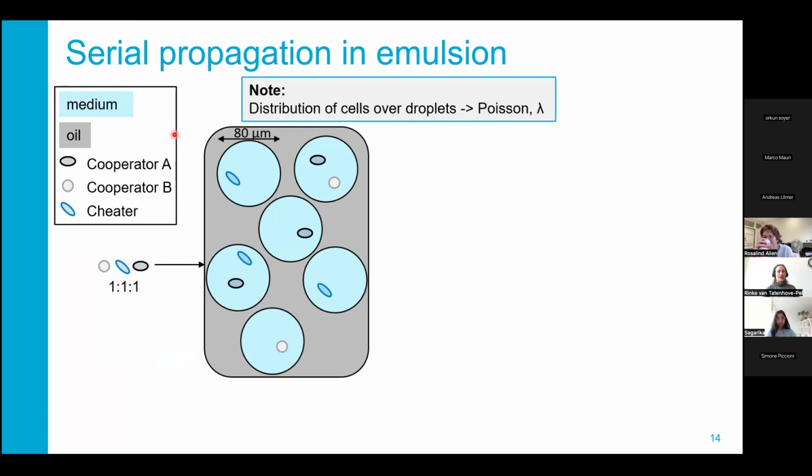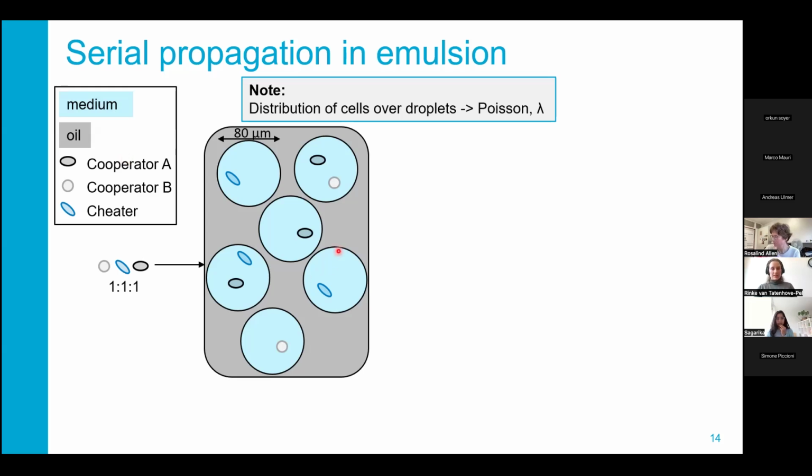We thought, what would happen if we would put this consortium in our spatially structured environment, in our water and oil emulsions? So if we visualize it, we start with a 1:1:1 ratio of the different strains, and we add them to the droplets.